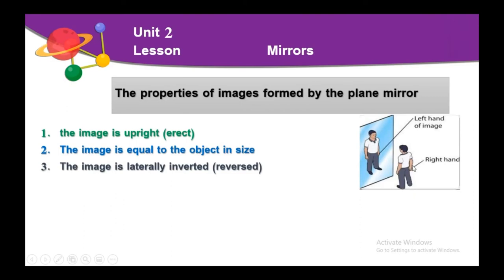The fourth property, the image is virtual. What is the meaning of virtual? This means that this image can't be received on a screen, or it is the collection of extensions of reflected light rays, not the reflected light rays themselves.